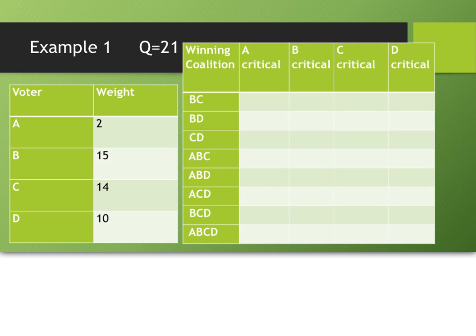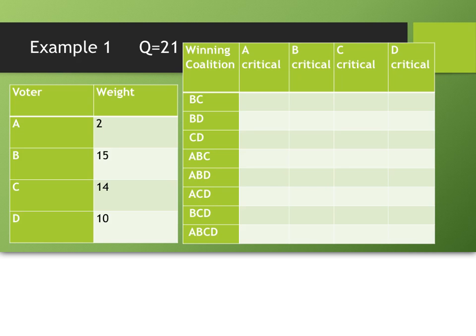So what I've done here is I've listed out the winning coalitions in a table form. Okay? And now I'm going to count in all of these which times A was a critical player. Now, notice that in this top one, in the BC version, A is not going to be critical because it's not even in there. Same thing, anytime A is not in one of these things, A can't be critical.